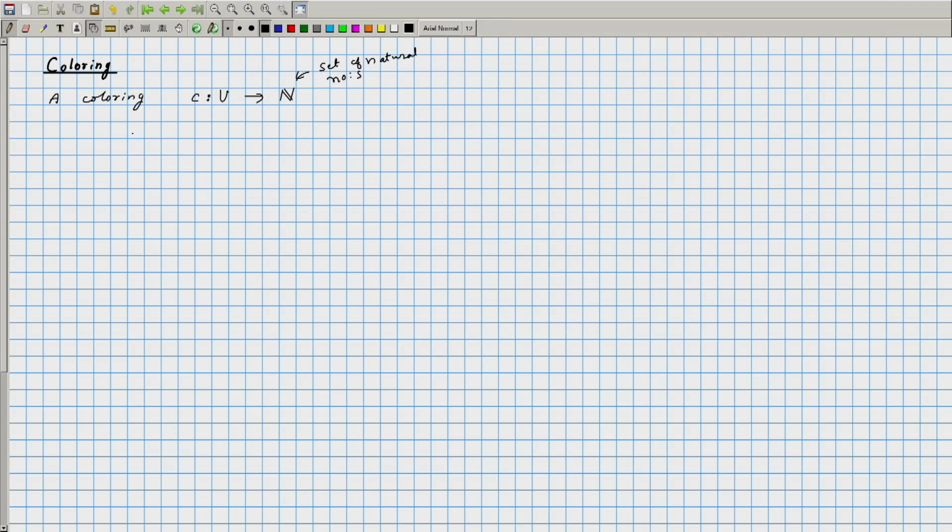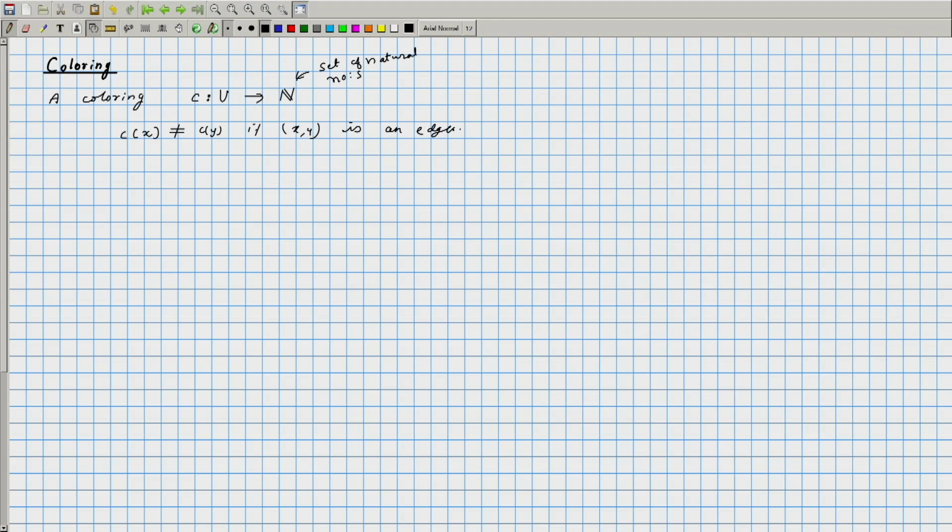The requirement is Cx should not be equal to Cy if x comma y is an edge. Although we are writing it as an ordered pair xy, since we are looking at undirected graphs, they essentially mean the set x comma y.